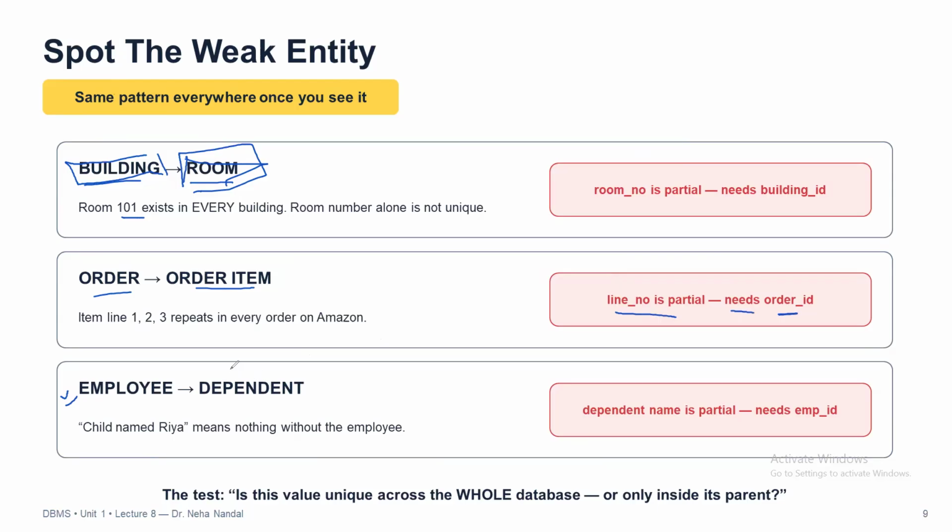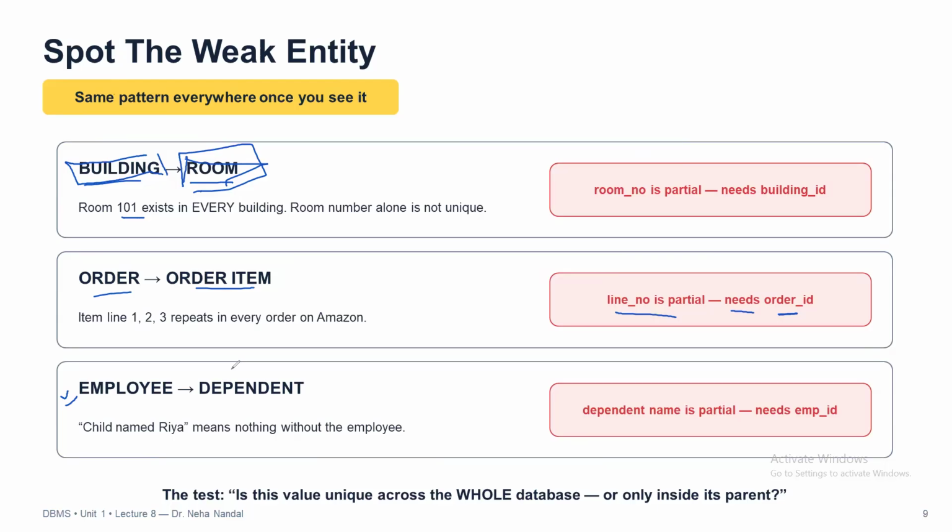Here, suppose employee and dependent. Without the employee, the dependent record will have no meaning. Suppose an employee has different responsibilities, someone working under them. Suppose an employee is working on some funded research project, so they hire some GRF, and suppose that project is cancelled, or the employee who got that funded project left.